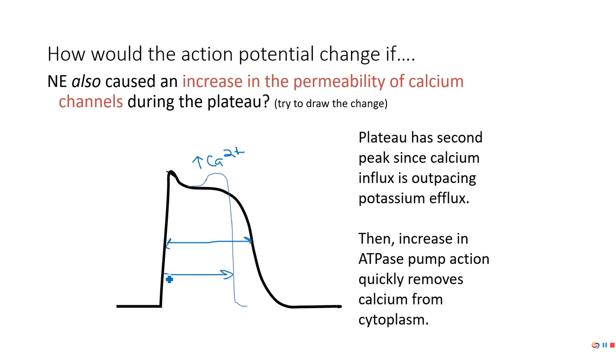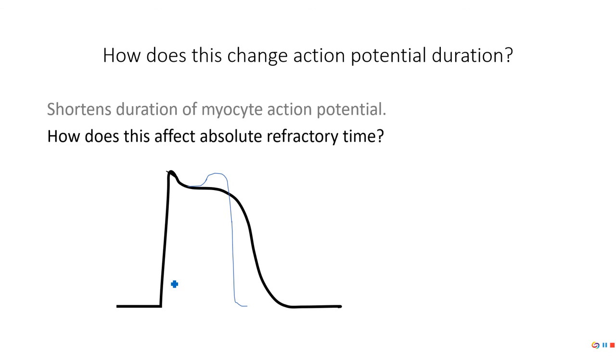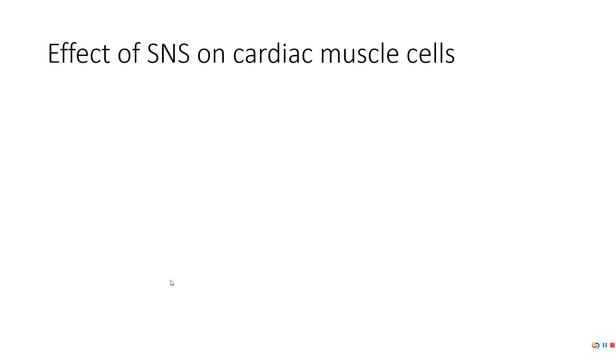And that's important. Okay? So we have a reduced cardiac muscle cell action potential, which means we have a lower absolute refractory time. This is good because this means we can have more frequent contractions. Okay, so to kind of put this all together, if I increase calcium permeability in the T-tubules, more calcium will go into the cell.